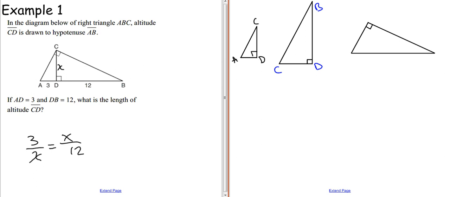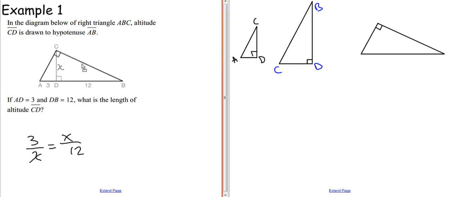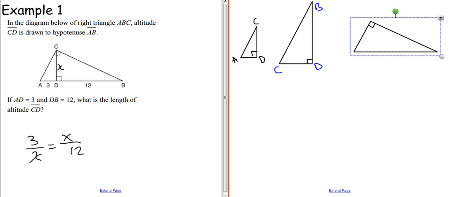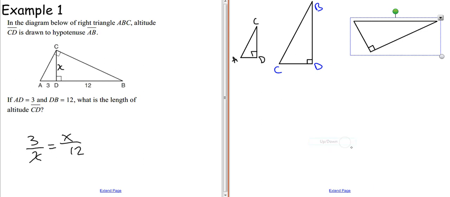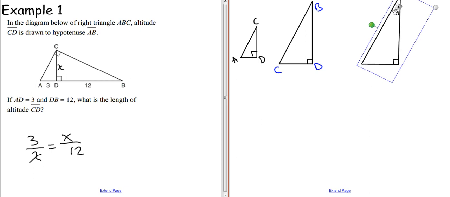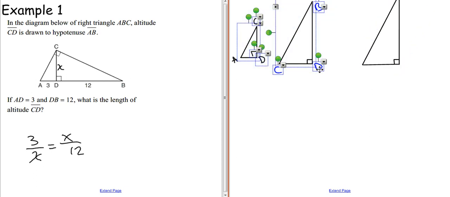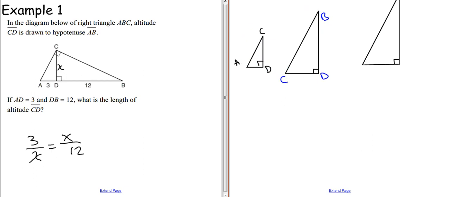And to get the big triangle to be oriented the same as the other ones, I have to reflect this. So I have to flip it. Reflection and flip is the same thing. And then I have to rotate it that way. So let me just move these down this way. So that's the big one, this is A, C, and B.